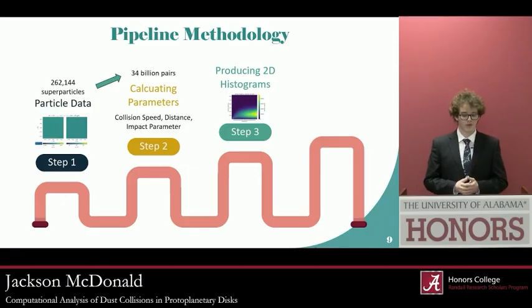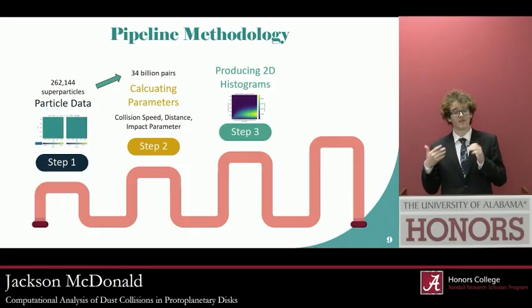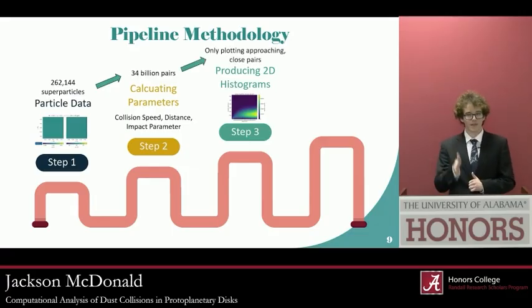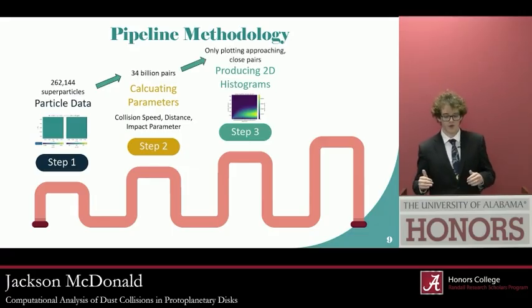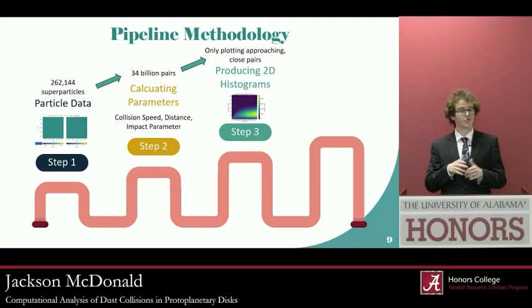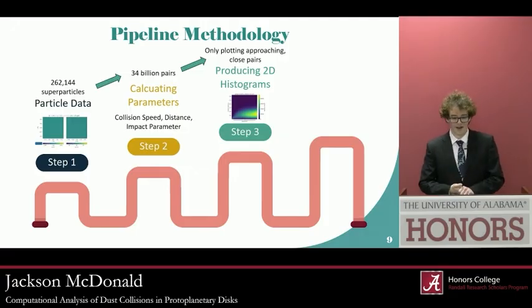I then took these parameters and produced 2D histograms with them of collision speed versus distance and collision speed versus impact parameter. Notably, I also threw a filter in here to throw out all of the cases where the particles are moving away from each other, because those likely won't interact with each other on timescales short enough that are relevant to our analysis.